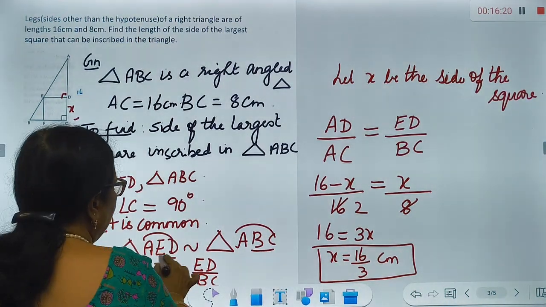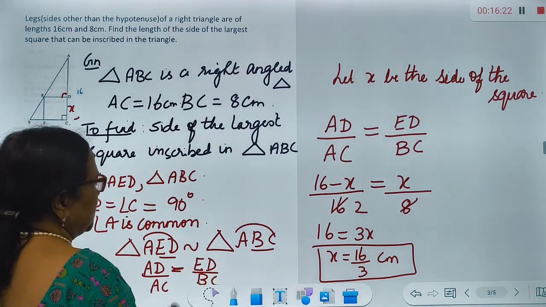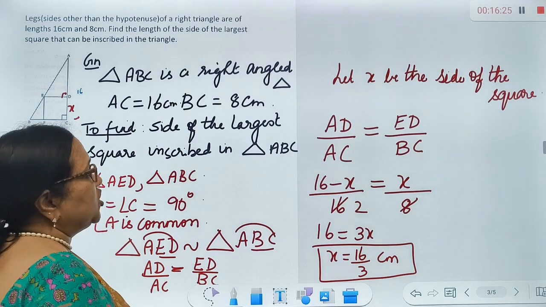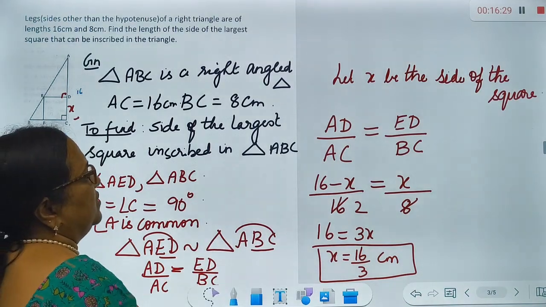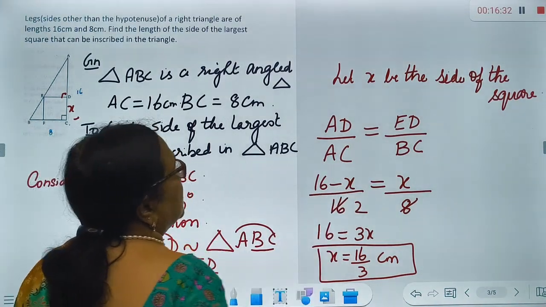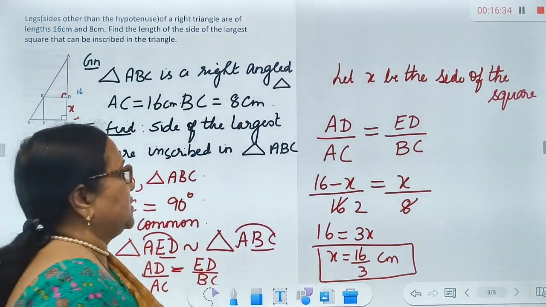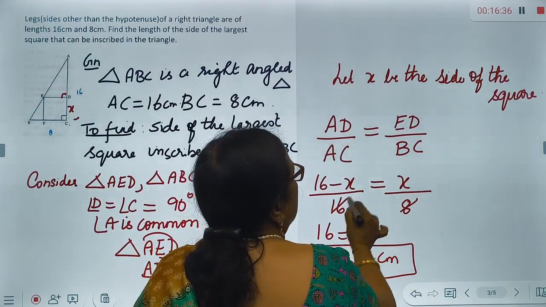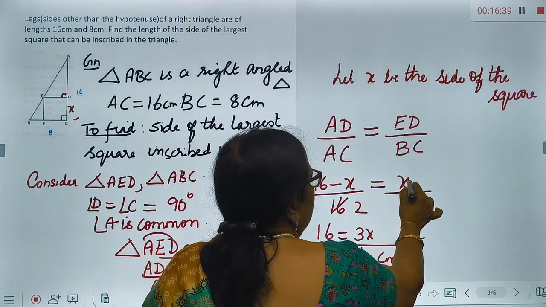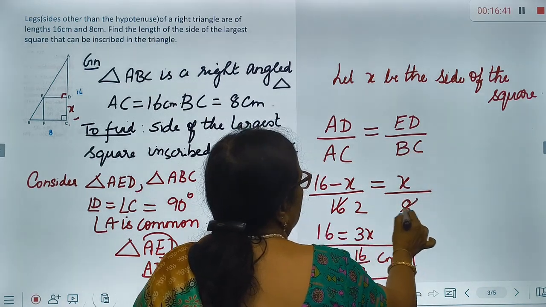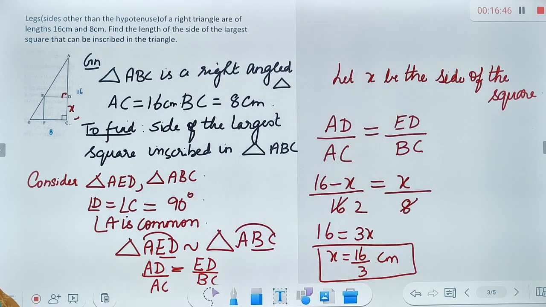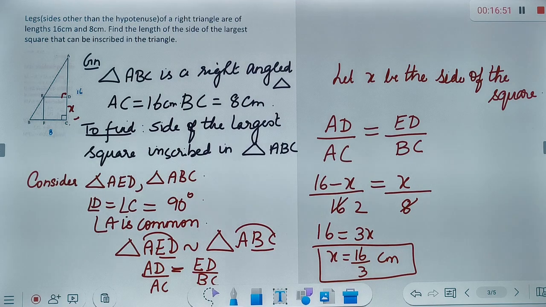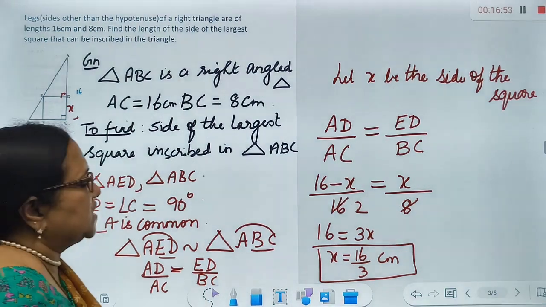So write the proportionality of sides: AD by AC equals ED by BC. AD is 16 minus x because I have taken the side of the square to be x. AC is 16. ED is the side of the square, which is x. BC is given as 8. Substituting these values, you get 16 equals 3x, or x equals 16 by 3 centimeters. So the length of the largest square that can be inscribed is 16 by 3.